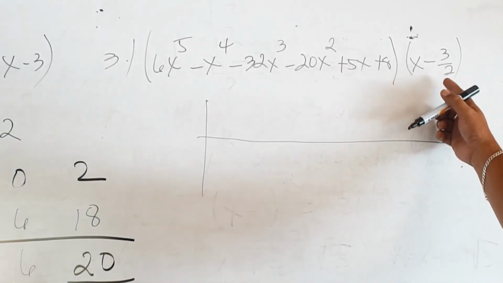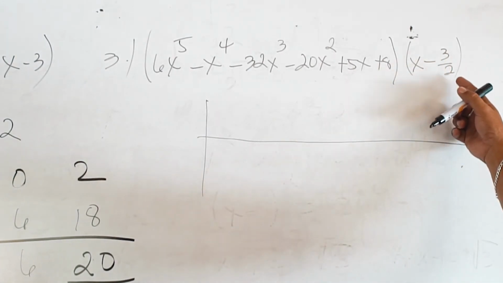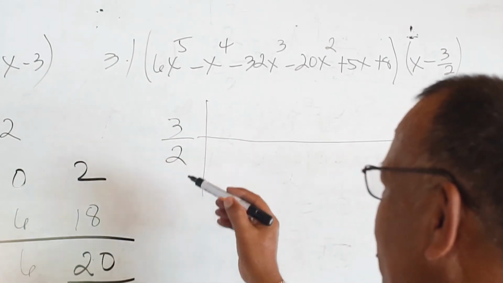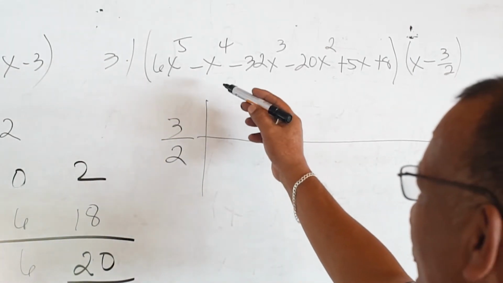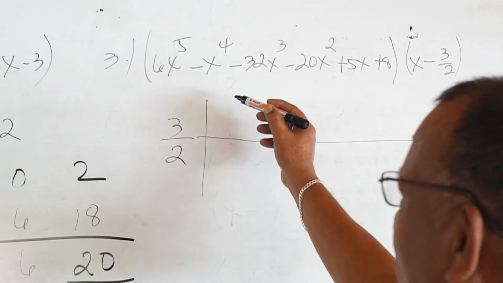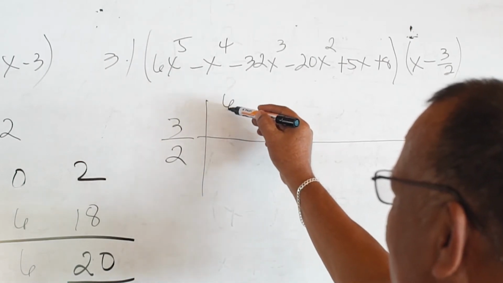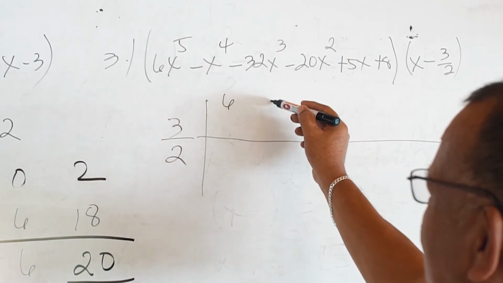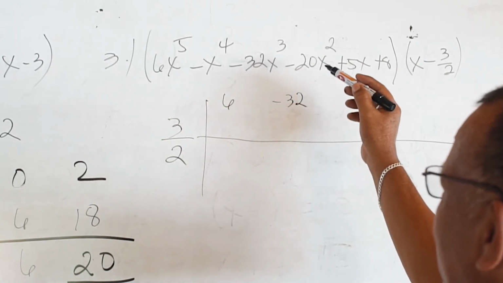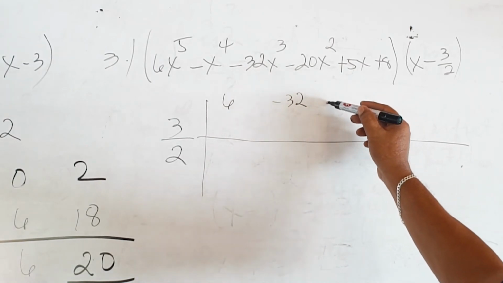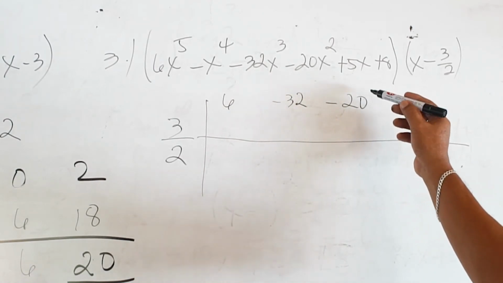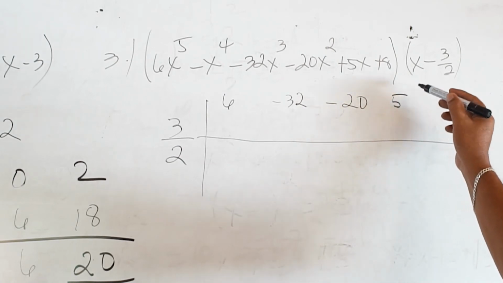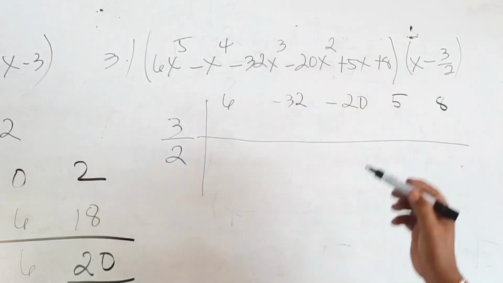So the divisor, negative 3/2, changes to positive 3/2. Then the numerical coefficient of the first term is 6, the second term is negative 32, the third term is negative 20, the fourth term is 5, and the last term is 8.